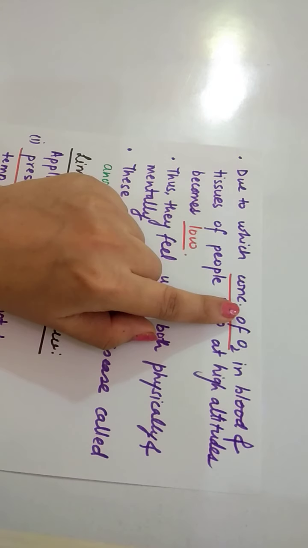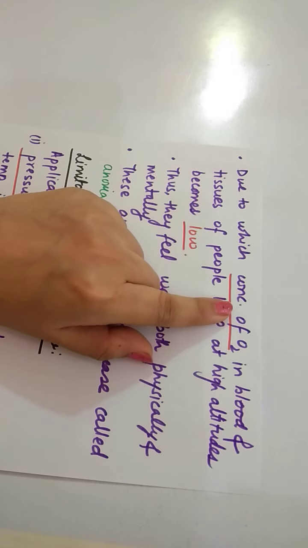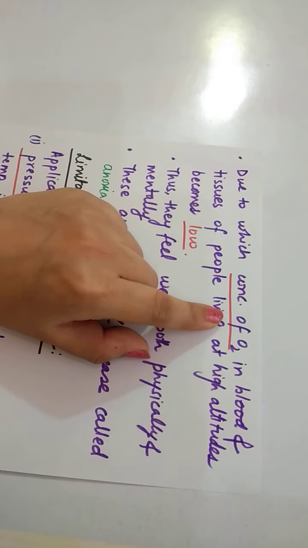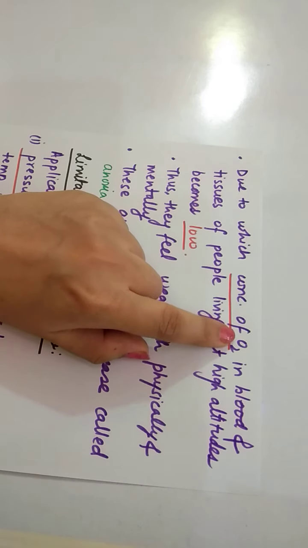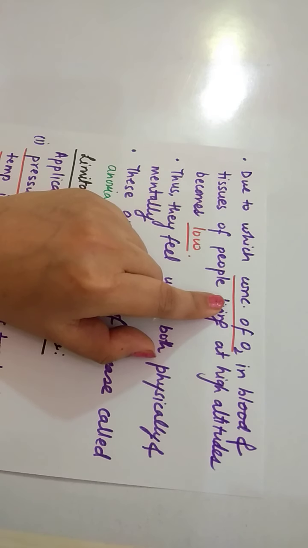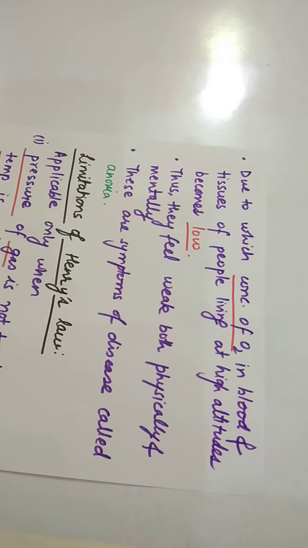As pressure is directly proportional to solubility of gas, the more the pressure, the more the solubility of gas. So due to low pressure of gas at high altitude, the solubility of O2 in blood will decrease, and the concentration of O2 in blood and tissue will also become low at higher altitude.